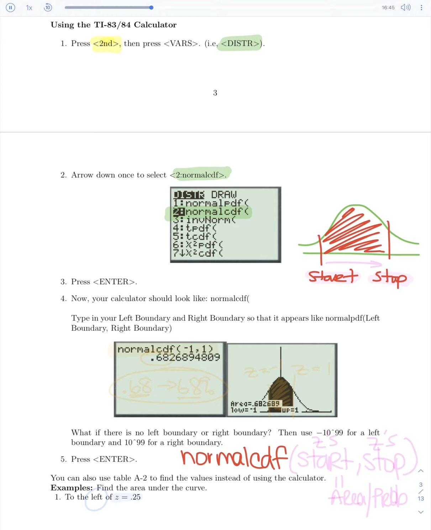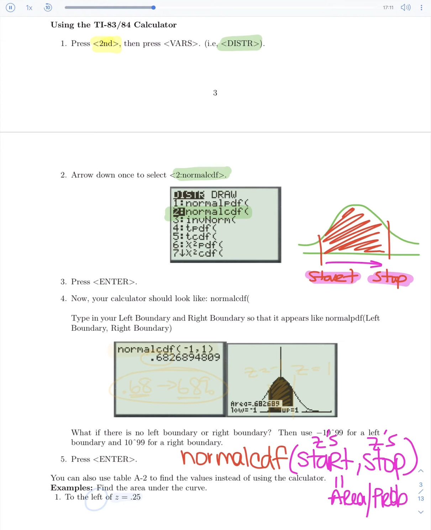So you always have to give your start value first, then your stop value second, and close it off. As long as these are Z's, your start Z and your stop Z, it will go ahead and spit out the area or the probability for you.